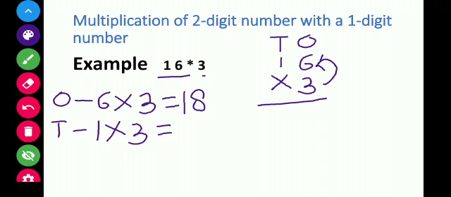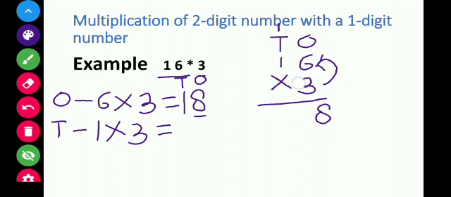So when we break this 18 into ones and tens, 8 will come under ones and 1 will come under tens. So we will put the numbers under their proper place value now. 8 will come under the ones place and 1 will be carried over to tens.